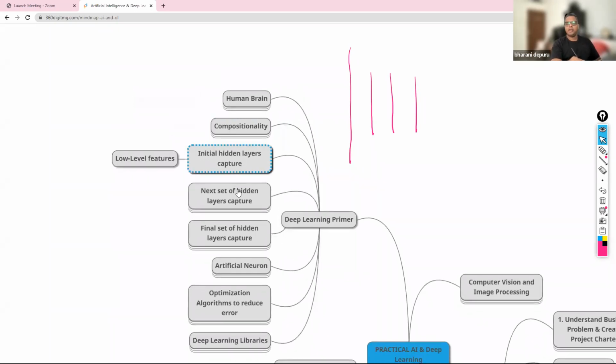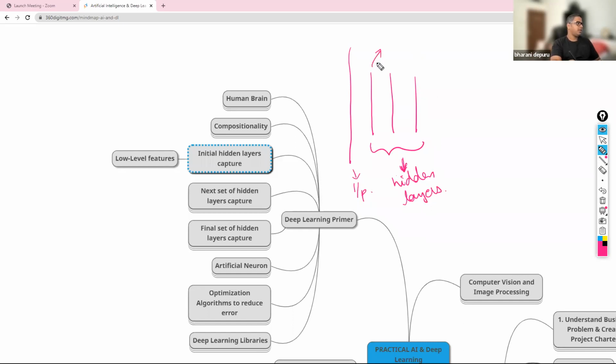So in the neural network you have an input layer, and you have a bunch of hidden layers.